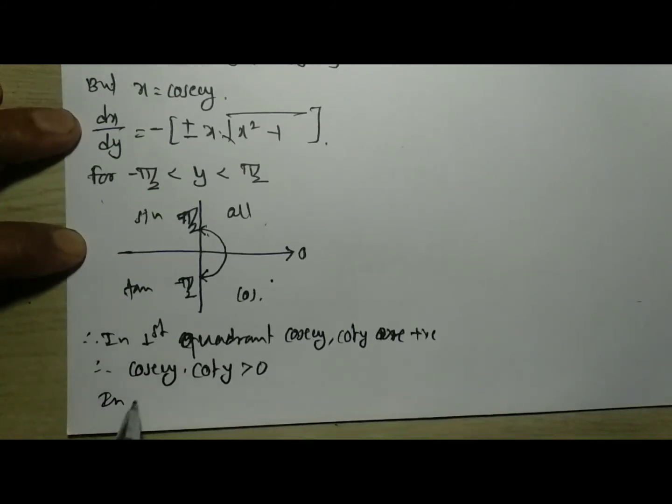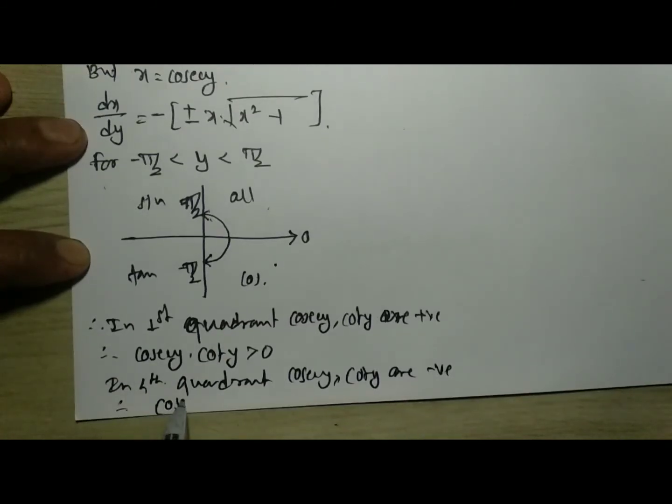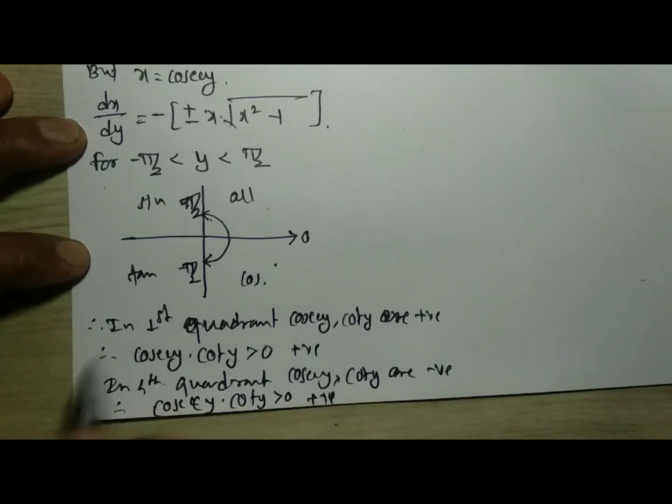Similarly in the fourth quadrant, cosec y and cot y are both negative, and therefore cosec y into cot y is greater than 0. That is positive. That means in the first quadrant and fourth quadrant cosec y into cot y is positive.